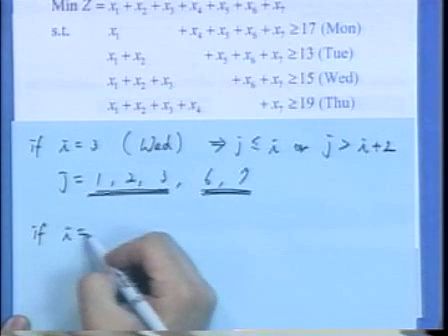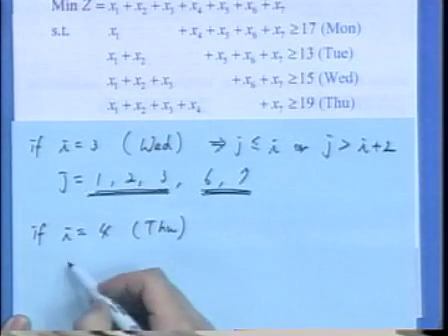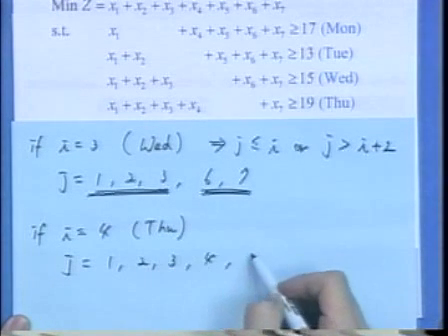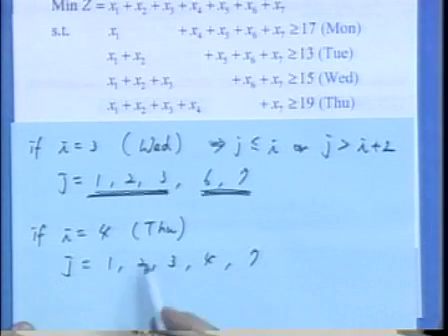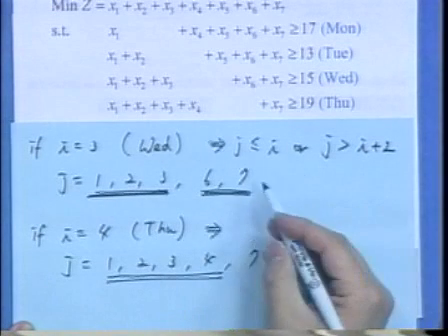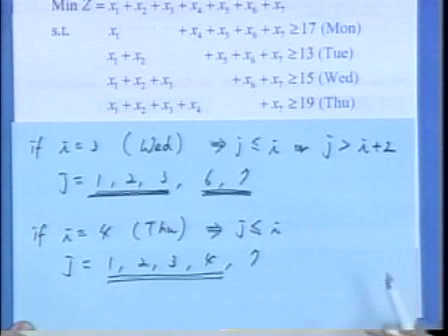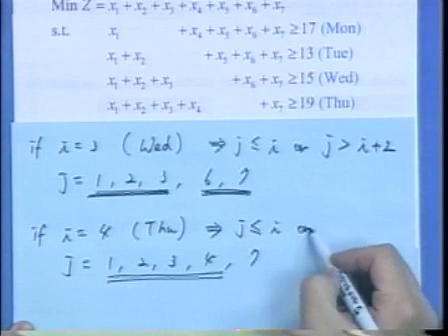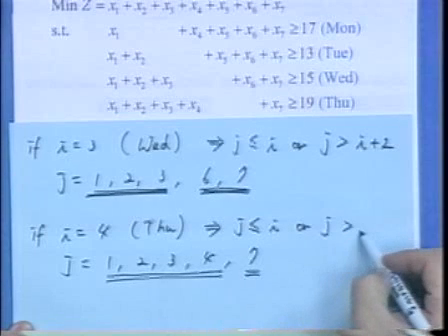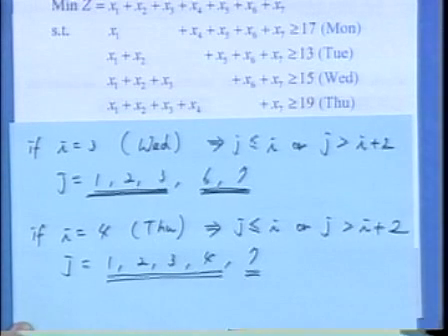If I equals 4, that's Thursday, j can take the values of 1, 2, 3, 4, and 7. The first four values can be obtained by j is less than or equal to I. And the last value, 7, can be obtained by j is greater than I plus 2, right?